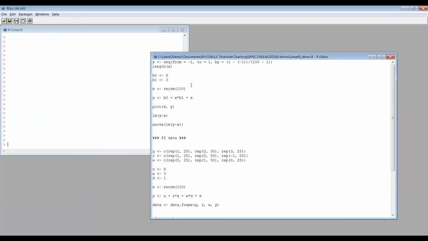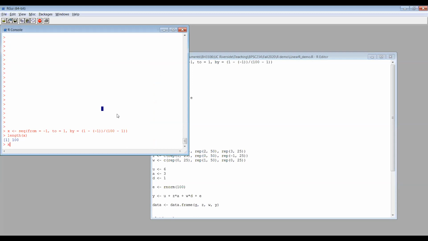All right, so first, let's define X. You use this command line to generate X. Here we generate 100 X values to represent 100 genotypic values for 100 progeny from the backcross, right? All right, so this is the X.